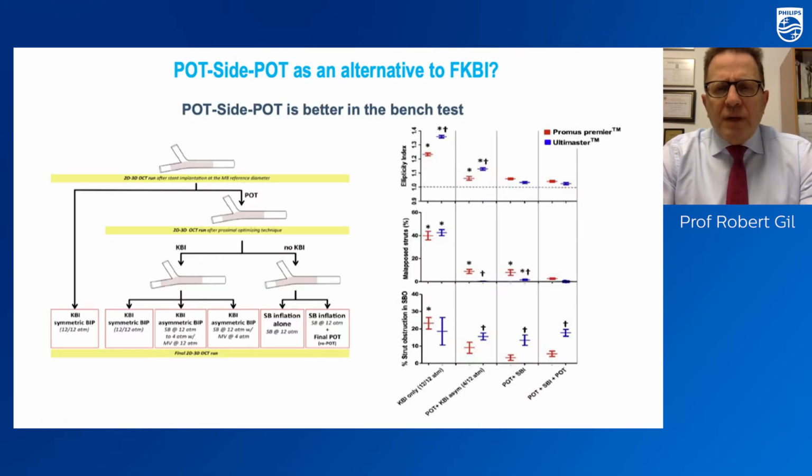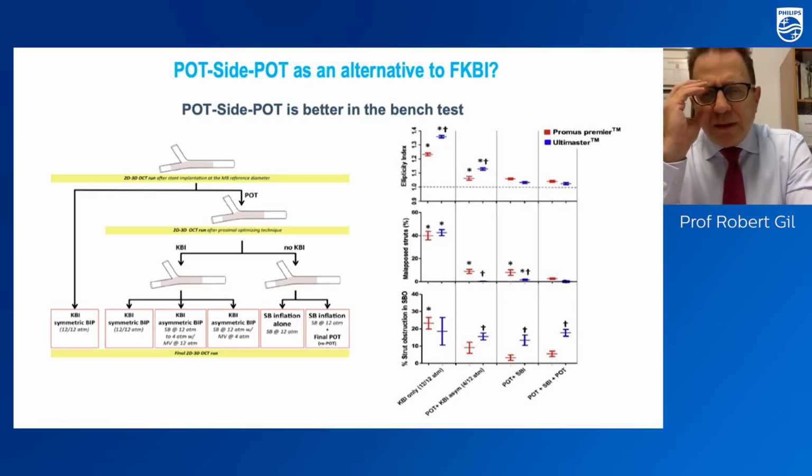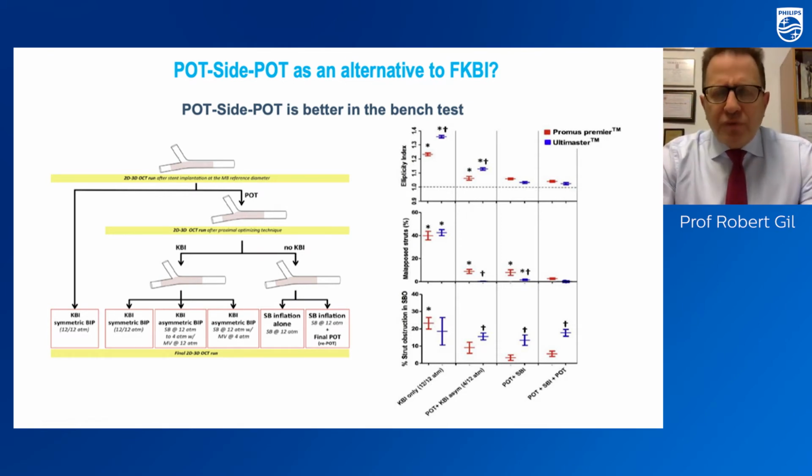But we know from the literature that we can improve our results with another approach, using, for example, after POT, side branch dilatation, and then finally, let's say, a next POT, or we can perform it, let's say, without POT.